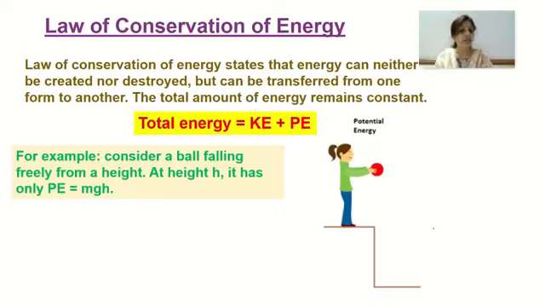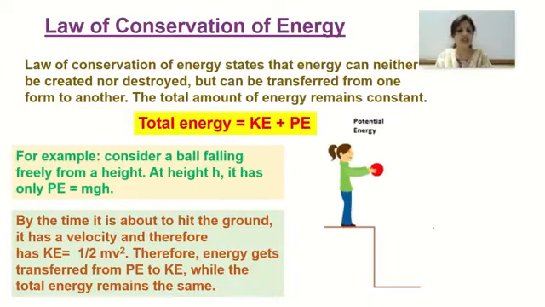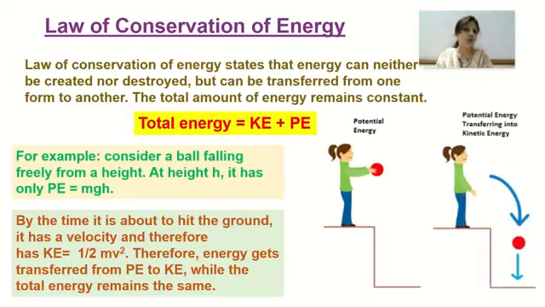Now the moment you leave this ball from a certain height, its velocity changes, and therefore it has kinetic energy, that is half m into v square. So when you are holding the ball at a certain height, it has potential energy, but when you leave the ball and it is about to hit the ground, it has kinetic energy.